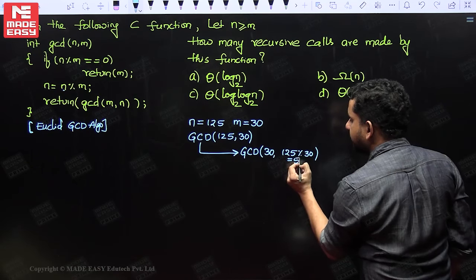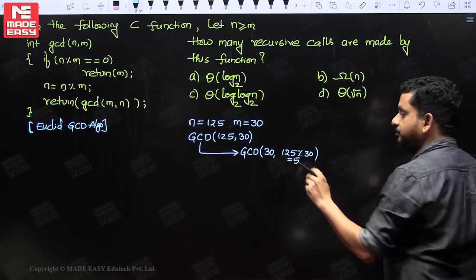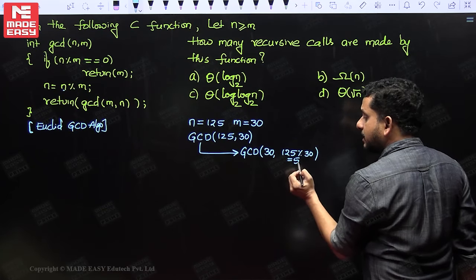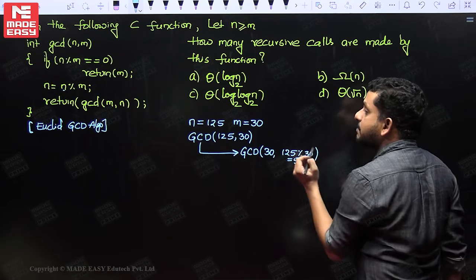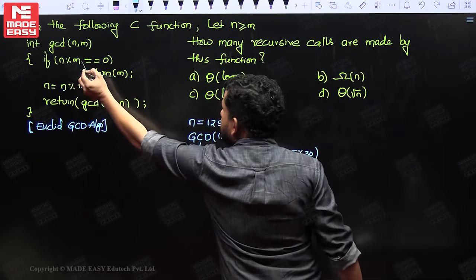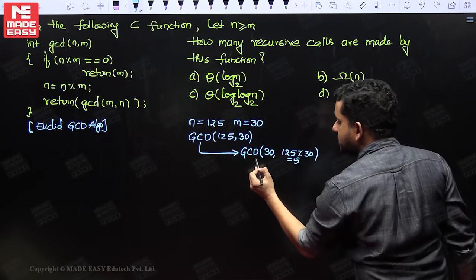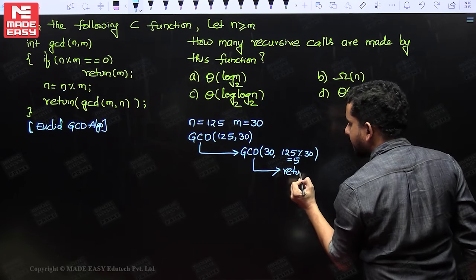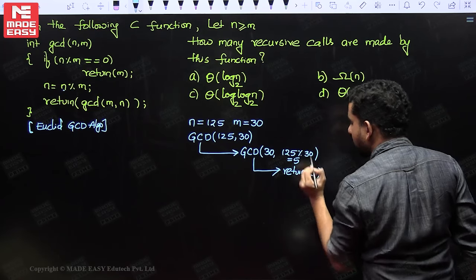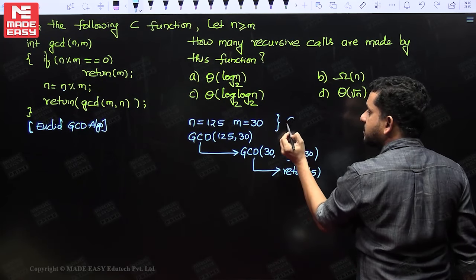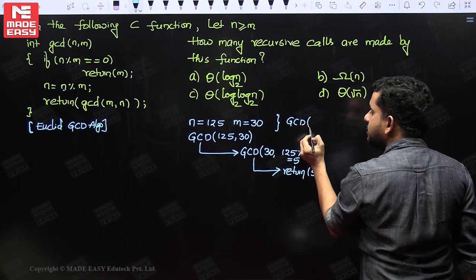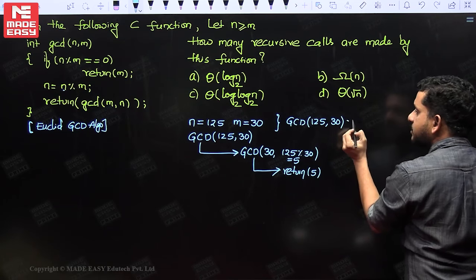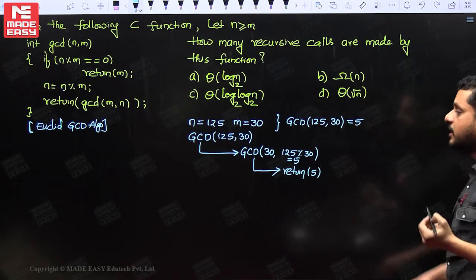So GCD of 30 comma 5, and 30 modulus 5 is 0. So then it returns 5. So GCD of 125 comma 30 is 5.